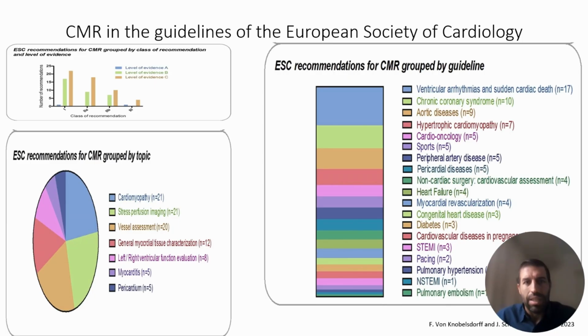As you can see, CMR is an integral part of the majority of the ESC guidelines. Its representation in the guidelines has increased since the last analysis from 2015, now comprising 92 instead of formerly 63 specific recommendations. For this reason, to enable patient management in accordance to the ESC guidelines, CMR must become more widely available.